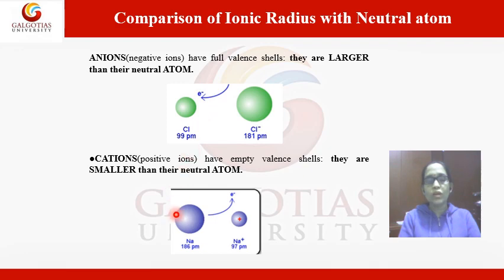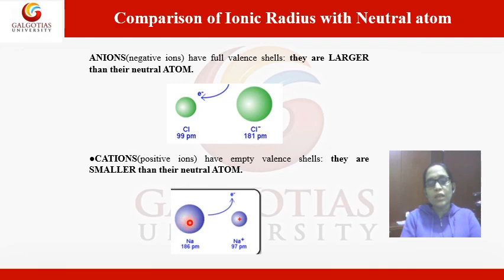Whereas when we consider cations, the reverse occurs, because cations lose electrons and convert into positive ions. This sodium will lose an electron and convert into sodium plus. When sodium converts to sodium plus, one valence electron is lost.